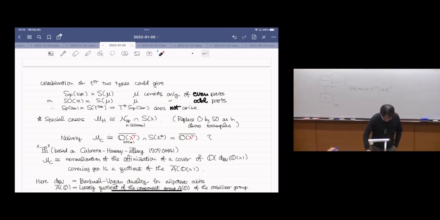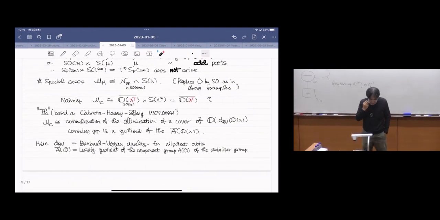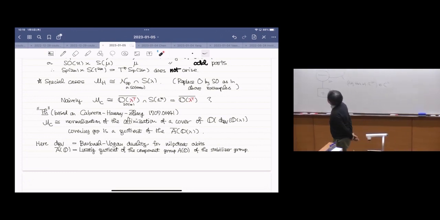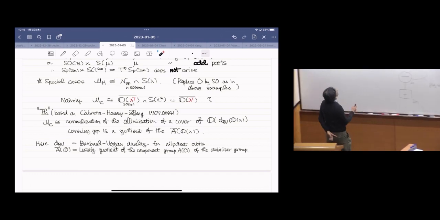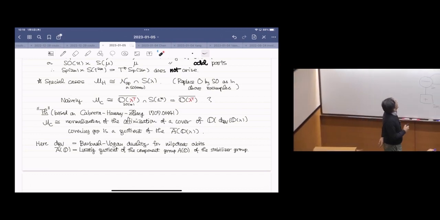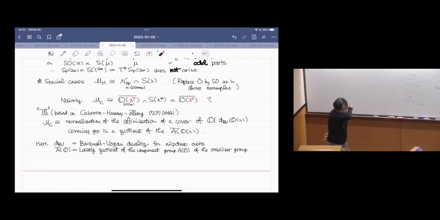So we studied this example. And in fact, Hanany and his collaborators studied this example intensively in 2017. Our current understanding, so this is a theorem in quotation marks, since we still need to check something, but I hope this can be established quickly. For the Coulomb branch in this case, first you take the so-called Barbasch-Vogan duality.